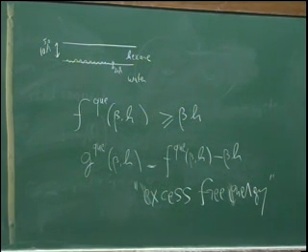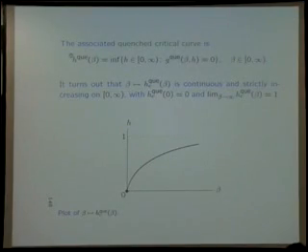Okay, so our task, now that we have defined these things, is to say what part of the parameter space, and it's this strip really that we're interested in, is the localized phase and what part of this strip is the delocalized phase. And here is how we are going to do that.